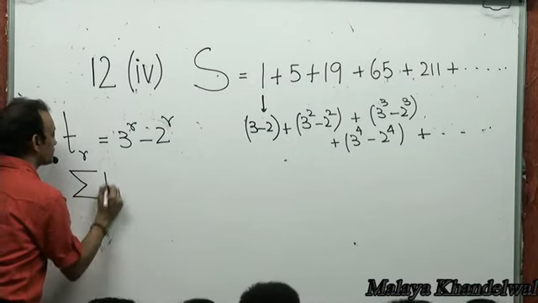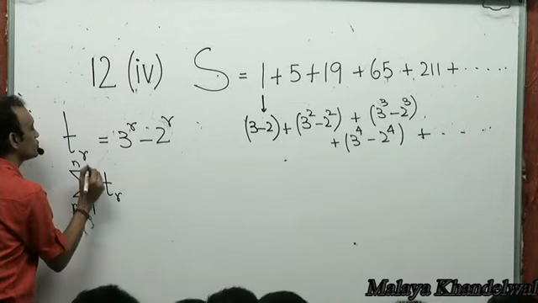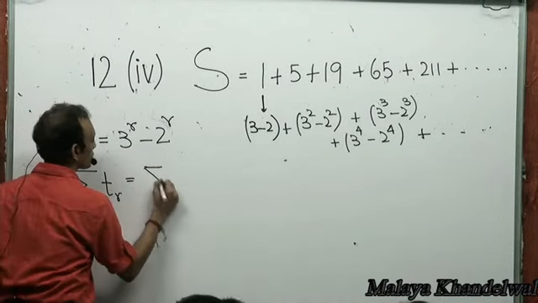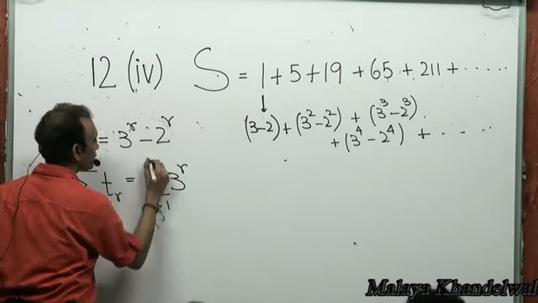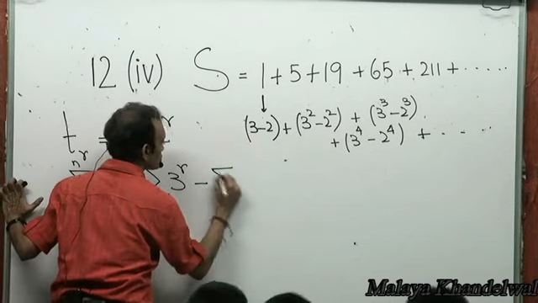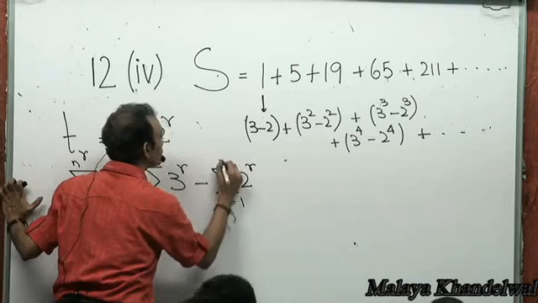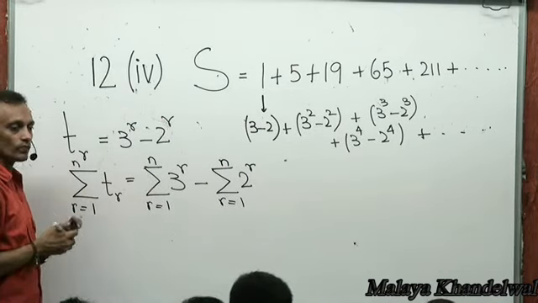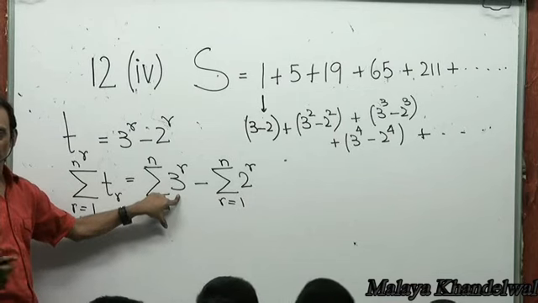Summation tr, r equal to 1 to n, is going to be summation 3 to the power r, r equal to 1 to n, minus summation 2 to the power r, r equal to 1 to n. Yes or no? How do you sum up 3 to the power r?